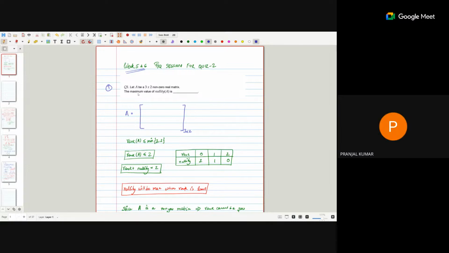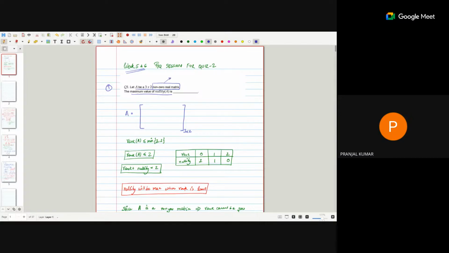So this is your first question. Let A be a 3 cross 2 non-zero real matrix. Now the maximum value of nullity A is asked. One keyword to notice here is that it is a non-zero real matrix. So this will play a pivotal role.